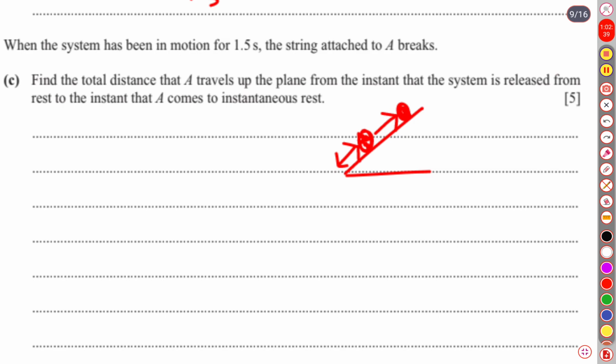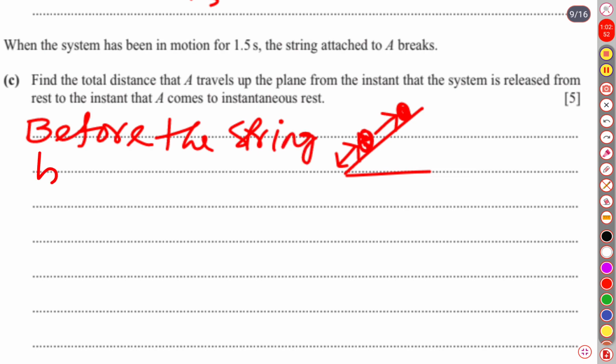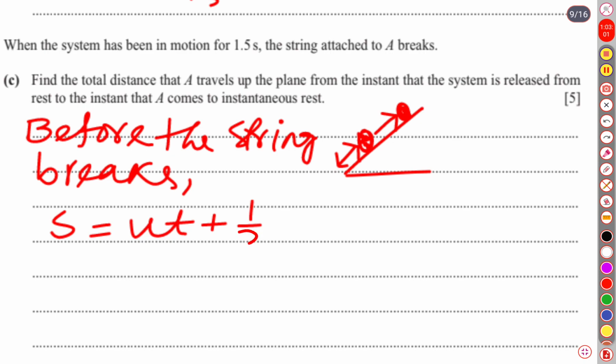So before the string breaks, displacement s is equal to ut plus half at squared. Initial velocity was 0 because the particles were released from rest, plus half acceleration, which is already given.